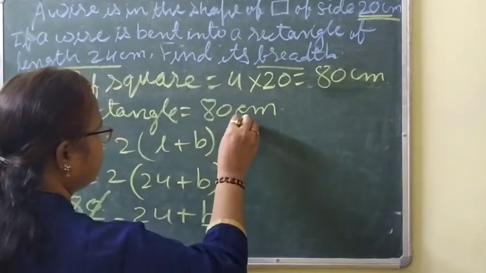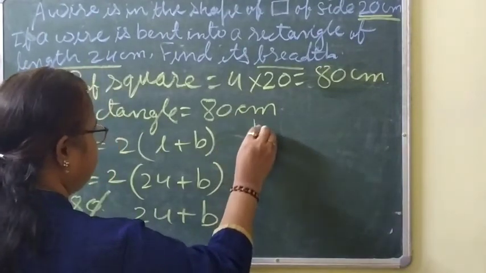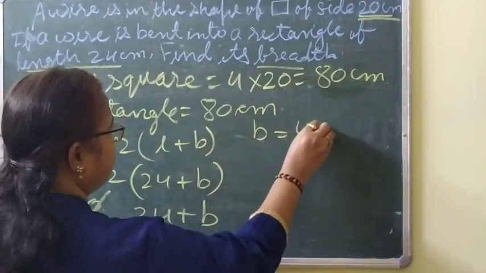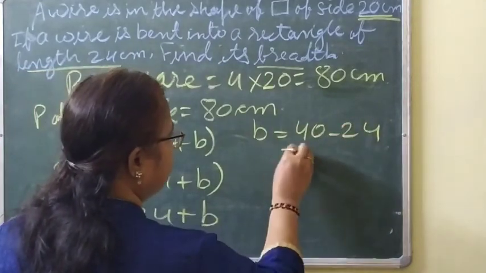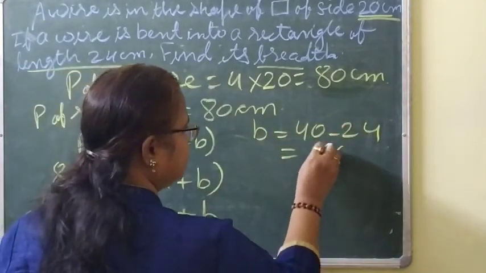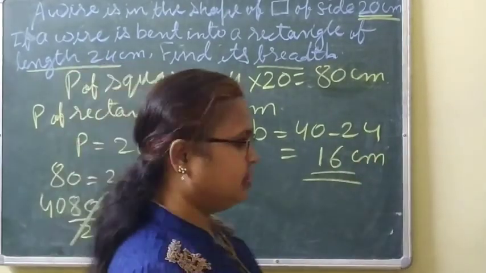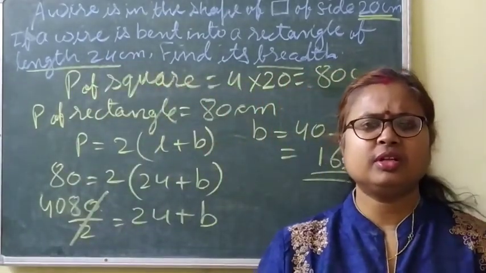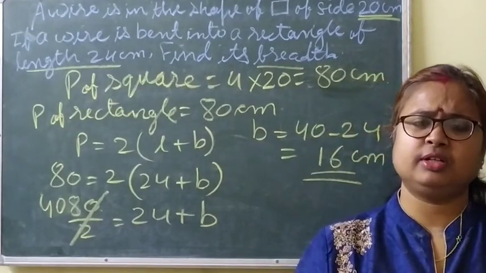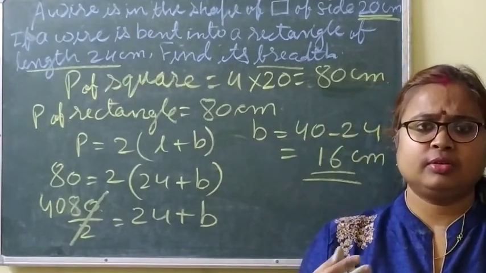So here we can write B is equal to 40 minus 24, that is 16 centimeter answer. Clear?